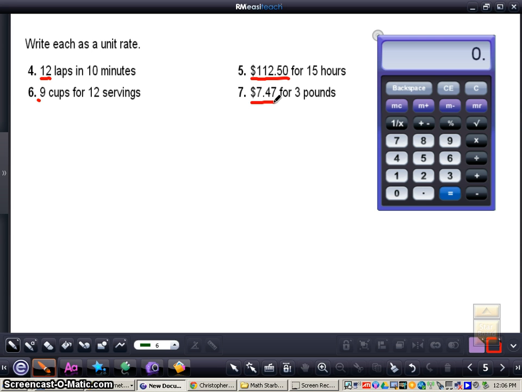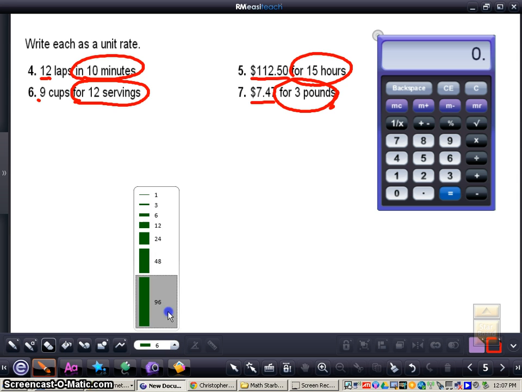Sometimes it may be switched every now and then with rates, but whatever follows "per," like "for 12 servings" or "in 10 minutes," or "for 15 hours," "for 3 pounds," that part of the rate is always going to be the divisor part of your division problem, because if you switch these numbers, you're going to get an incorrect answer.